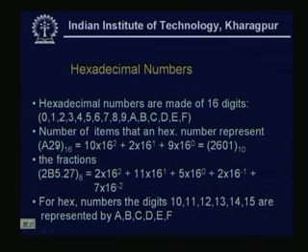If I start from here it will be 0, 1, 2. So, 10 into 16 square plus 2 into 16 to the power 1, plus 9 into 16 to the power 0, and if I do this multiplication and addition, then I will be getting 2601 in our decimal number system.